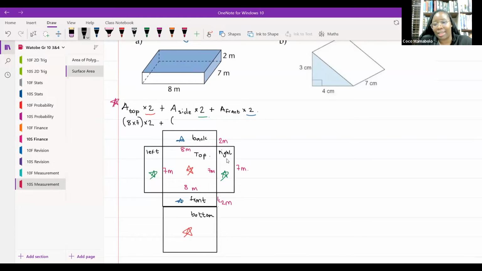The length of my side is 7 and the breadth is 2, so 7 times 2 times 2, plus the area of the front. The length is 8 and the side is 2, so 8 times 2 times 2.